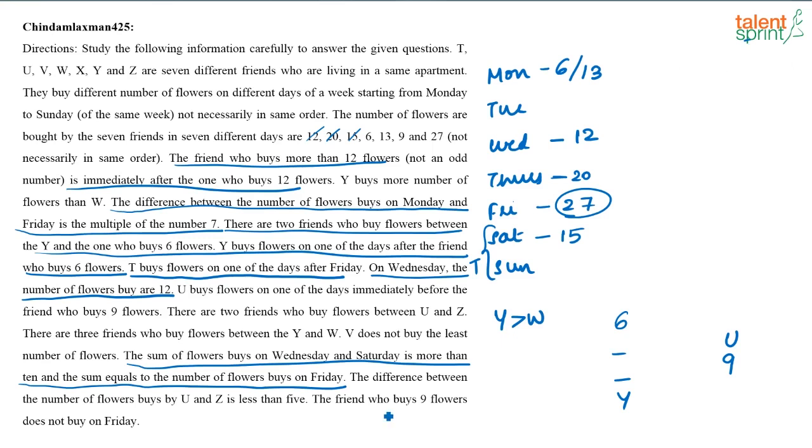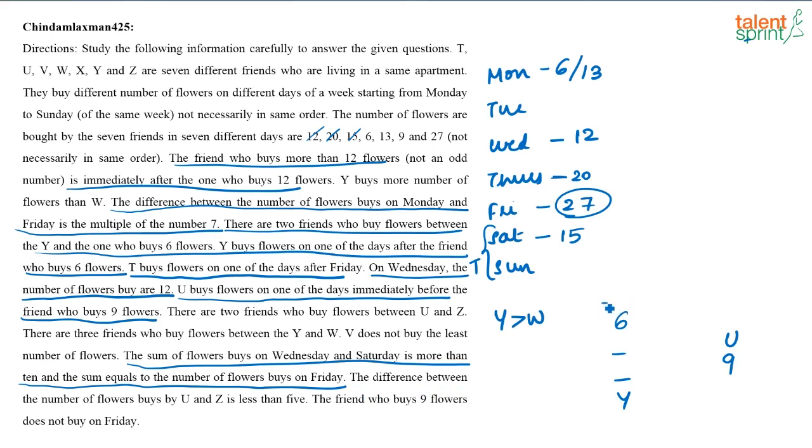Then see, it is said that U buys the flowers on one of the days immediately before the one who buys 9 flowers. Then there are 2 friends who buy flowers between U and Z. The friend who buys 9 flowers does not buy it on Friday.